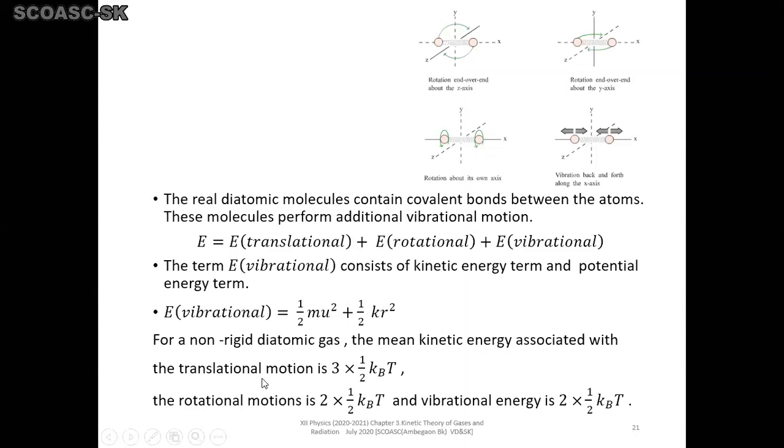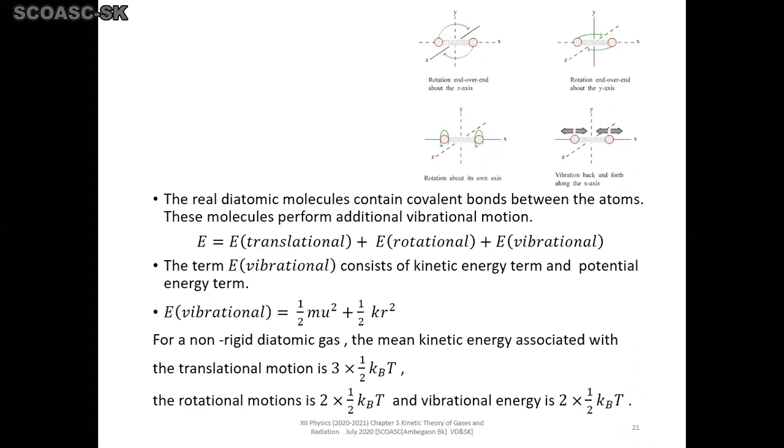So, for a non-rigid diatomic molecule, the mean kinetic energy associated with the translational motion is 3 into half kBT. I think I am clear about this 3, because x-axis, y-axis, z-axis, right? Then rotational motions are 2. There is rotational motion around the y-axis and around the z-axis.